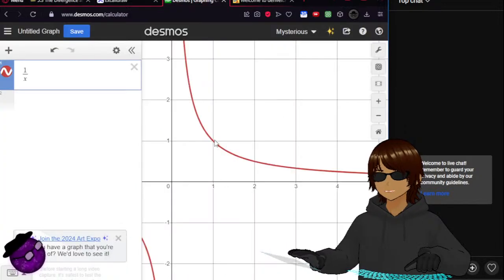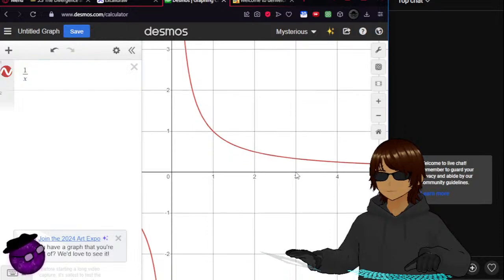So this square would be 1, and then this over here would be half times 1, which is half.